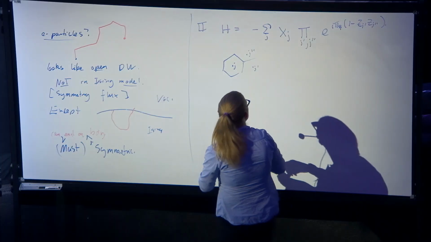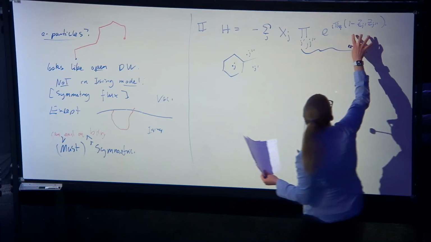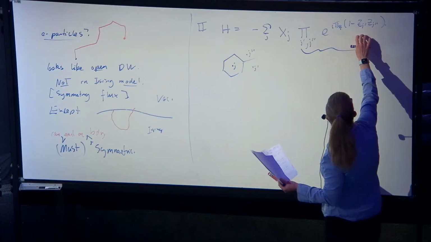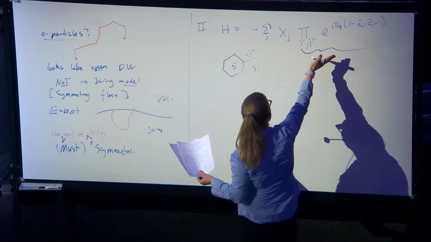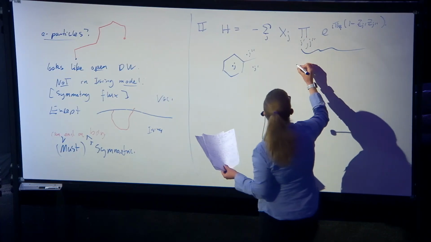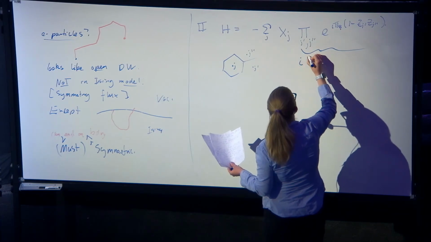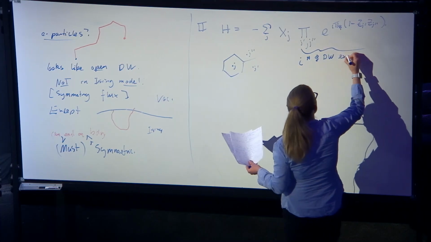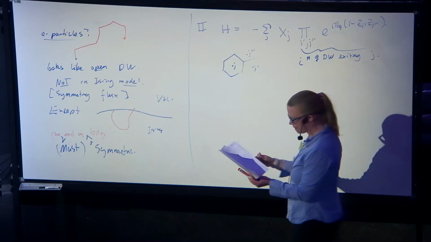And basically this quantity here gives me a phase of pi over 2 if there's a domain wall, and a phase of 0 if there's no domain wall. And so this basically is a factor of i to the number of domain walls exiting the plaquette J. So that's all this is.